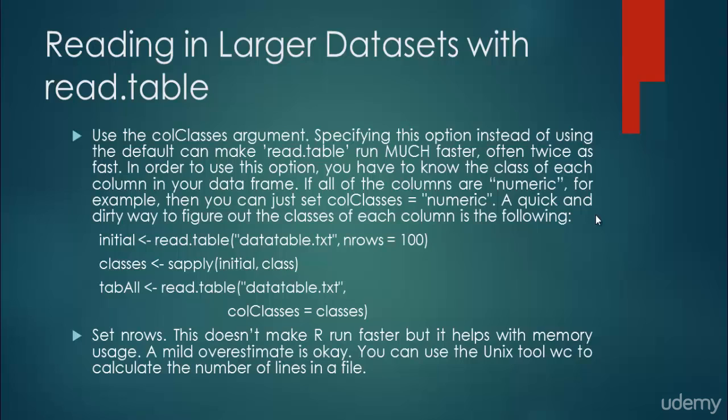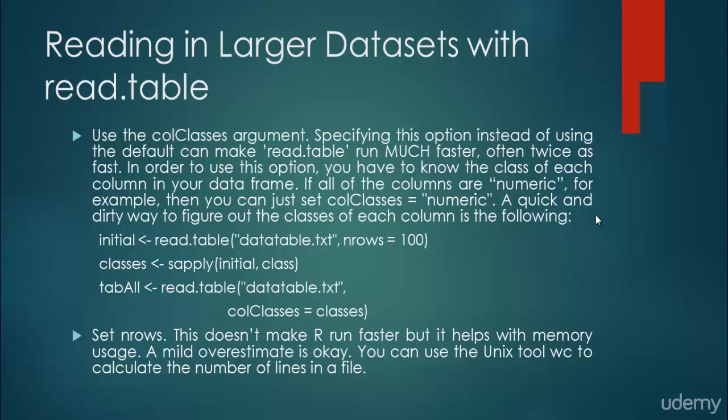In order to do this, you should first understand your data, and what classes of columns exist in your data. Let's say you have a numeric column, then you can just set colClasses equal to numeric. An easier way to figure out the classes of each column is the following.